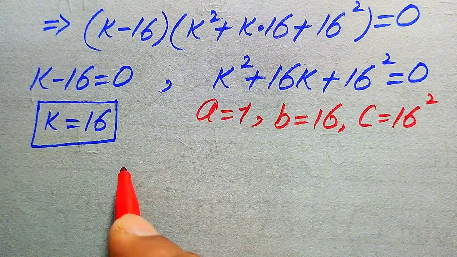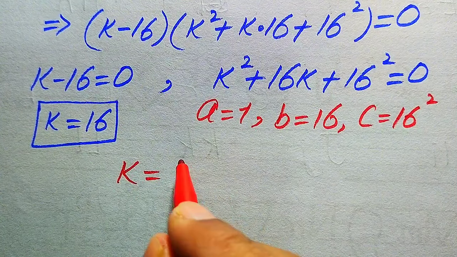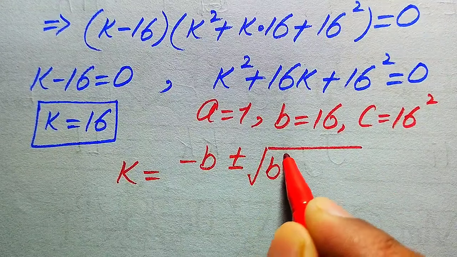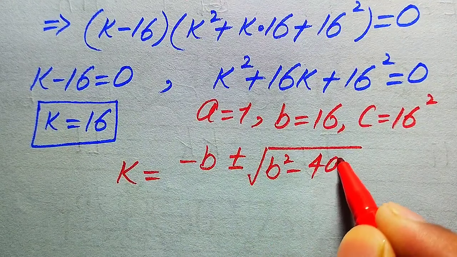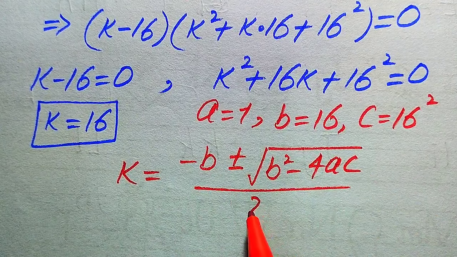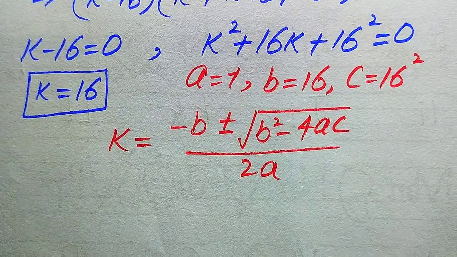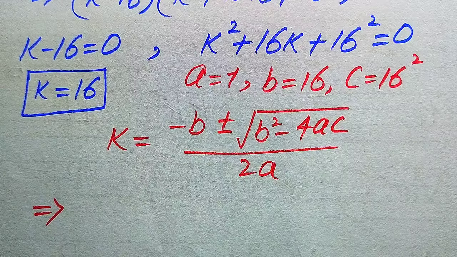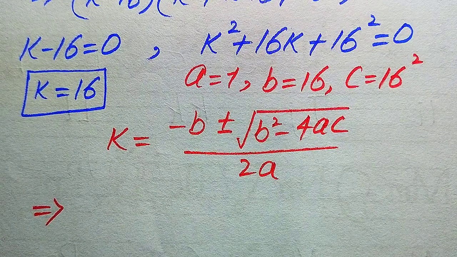And here we state the quadratic formula as k equals to minus b plus minus square root of b square minus 4ac, divided by 2a. So this is our quadratic formula, and now here we need to substitute the values of a, b and c.